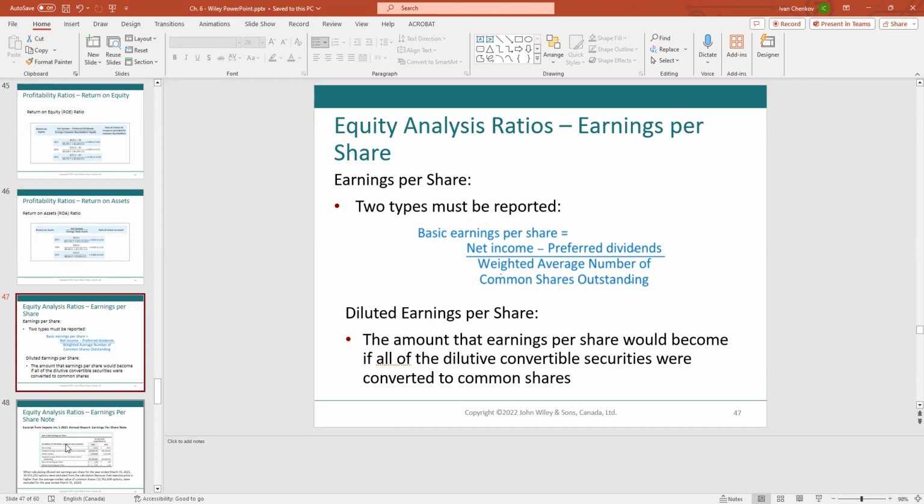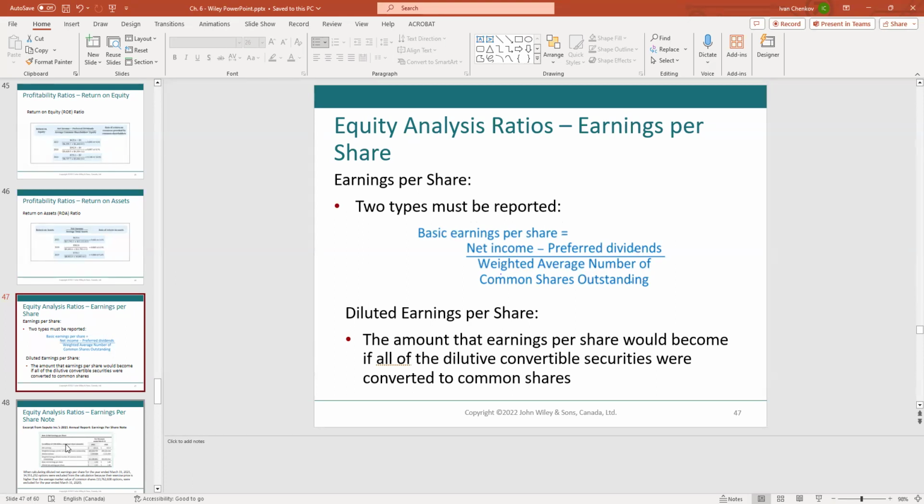Diluted earnings per share is usually a number which is lower than basic earnings per share. Why? Because we're going to increase the number of weighted average common shares outstanding. That means we're going to take all the possible options and all the possible conversion rates, and we pretend that those are actually exercised.